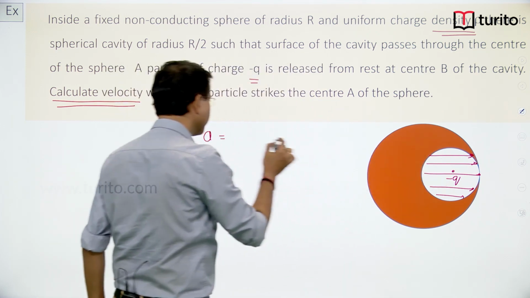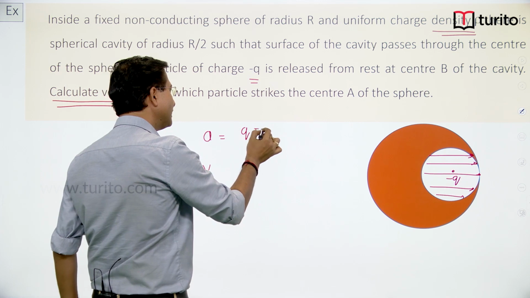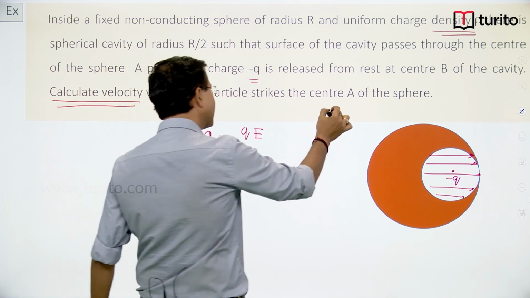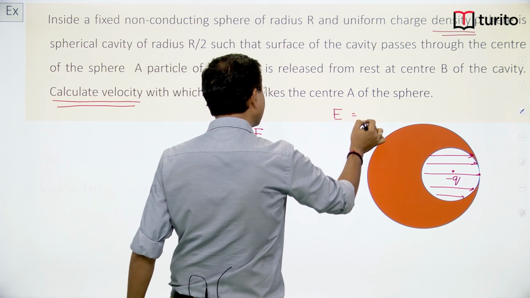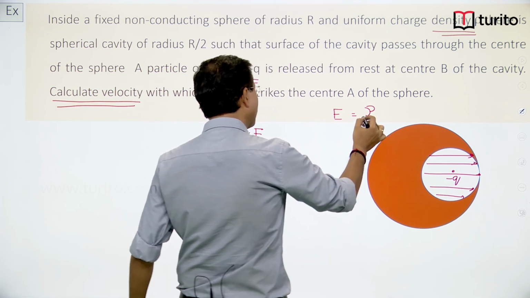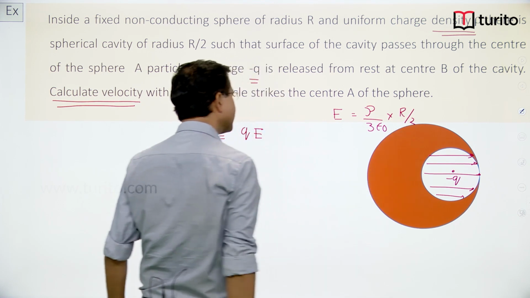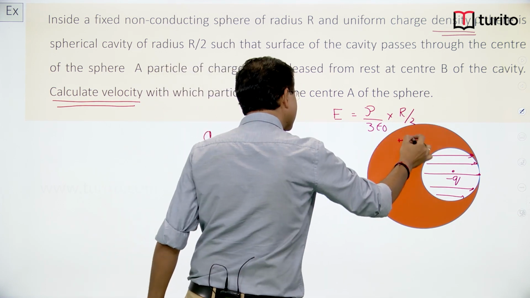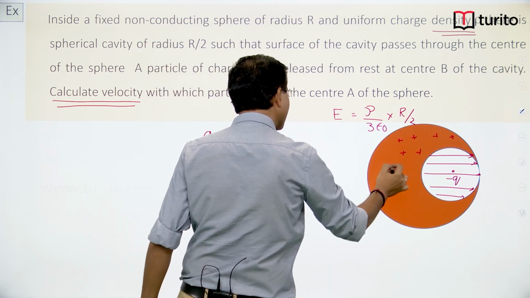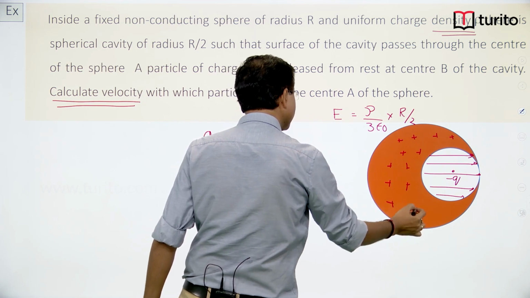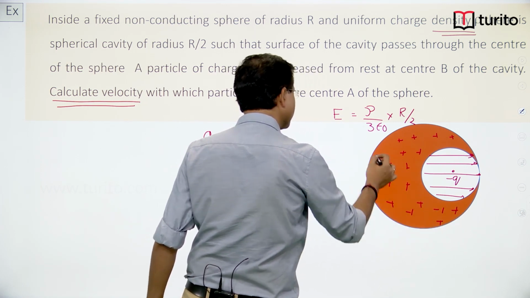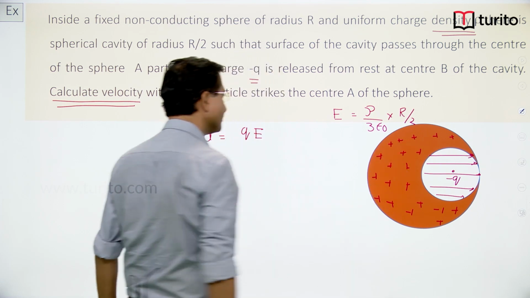Q into E. So Q into electric field. What is the electric field? Just now we have seen, that is rho upon 3 epsilon naught into r by 2. That is the field due to this charge, right.